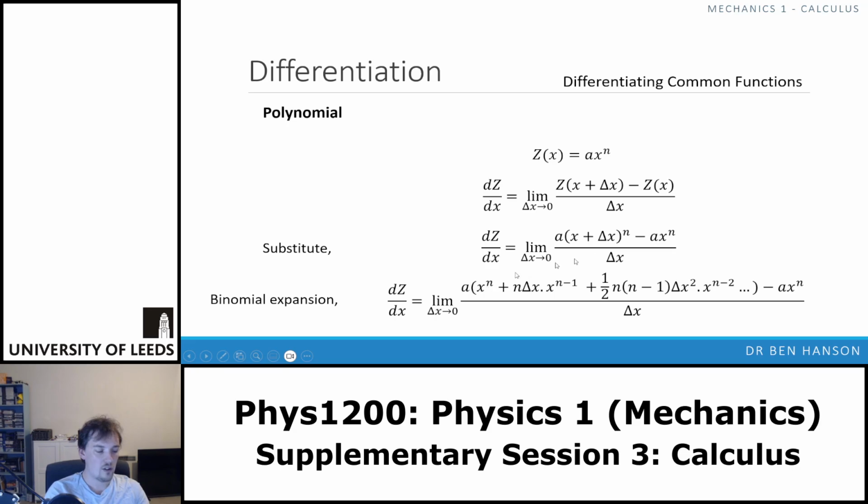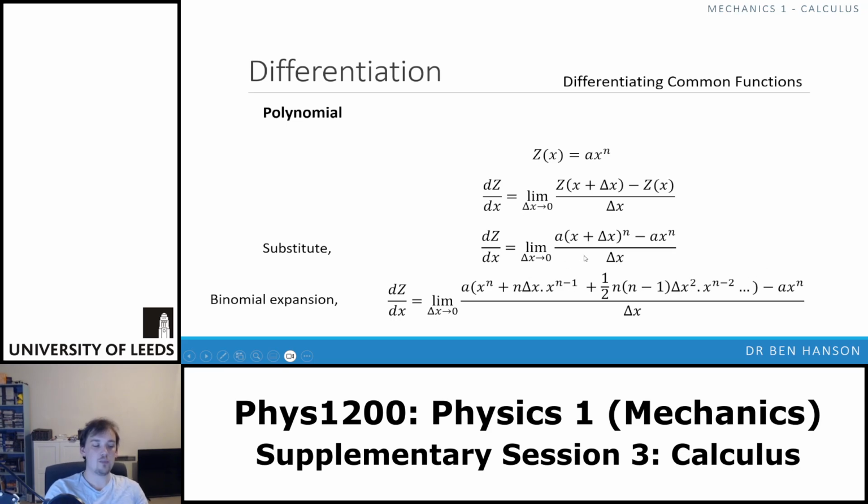So a is just a prefactor, it doesn't matter, it comes out the front. Open brackets. First of all, x to the n, because if you imagine n lots of brackets, there'd be an x in each one. So x to the n. And then n delta x x to the n minus 1. So we get n lots of that term. We get a half n(n minus 1) lots of delta x squared x to the n minus 2.